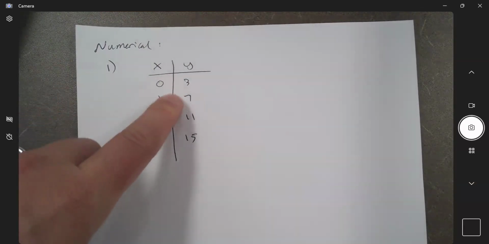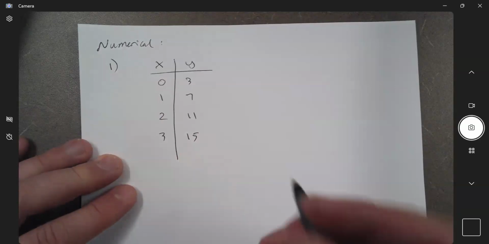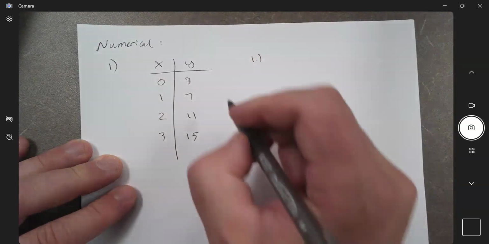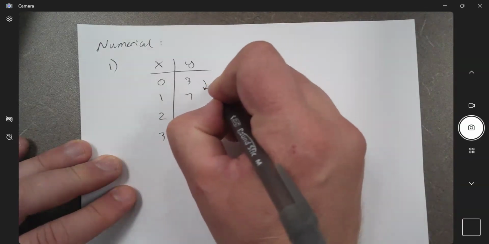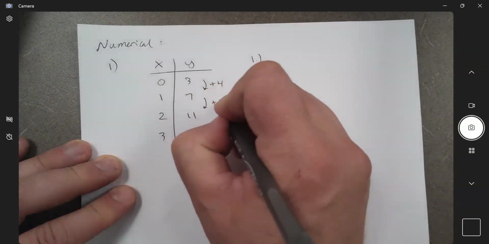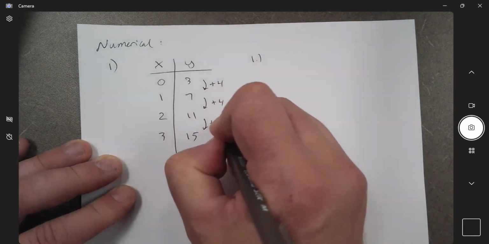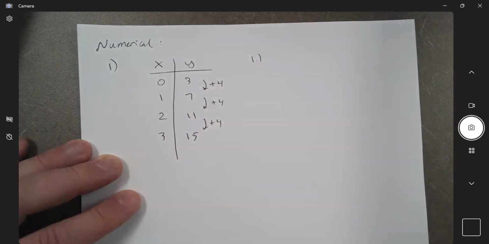Y goes 3, 7, 11, 15. So your first question is, what type of a function is this? So figure it out. Okay, that goes up by 4. And this one also goes up by 4. It's looking promising. And that one also goes up by 4. Okay, so I'm pretty convinced this represents a linear function.